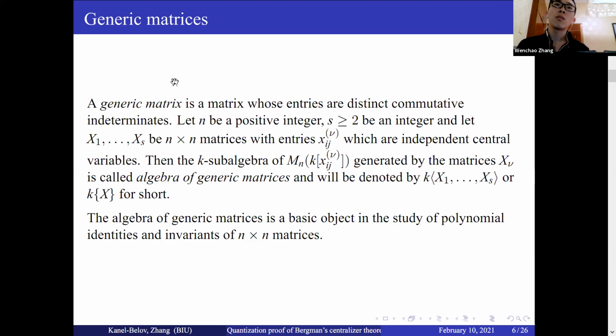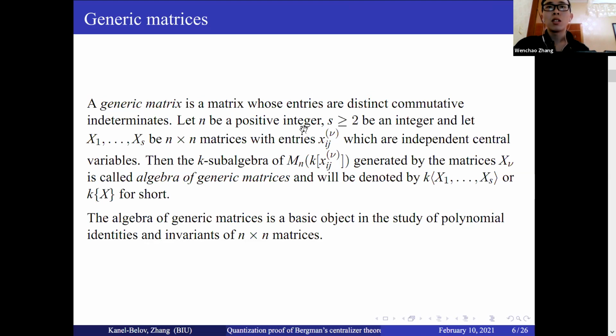So what is a generic matrix? A generic matrix is a matrix whose entries are distinct commutative indeterminates. So it is no longer just a number in some number field; it can be any other commutative indeterminates.